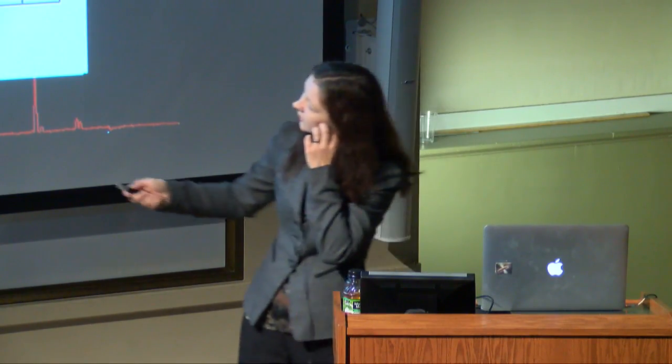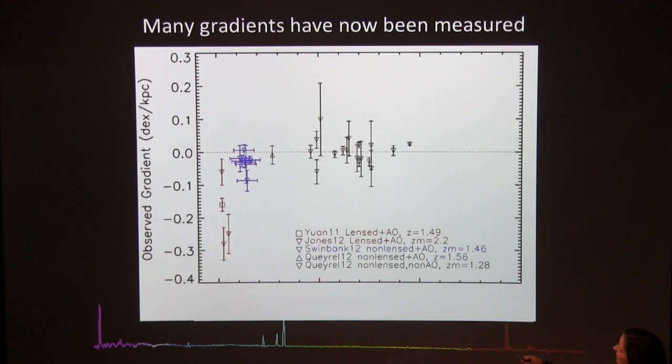And so many metallicity gradients have now been measured. So here are metallicity gradients, and 0 is flat, and negative is steep, so there's not that many steep gradients. And they've been measured using all sorts of different ways. And you'll note I do not have an x-axis. Okay, what do you think that is?